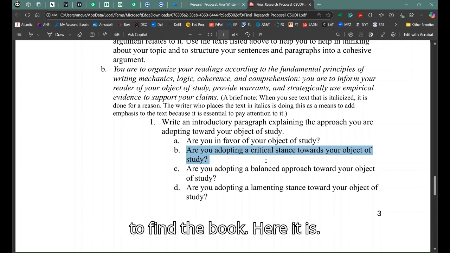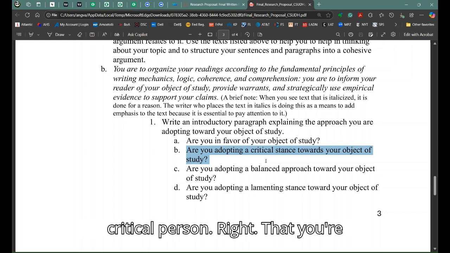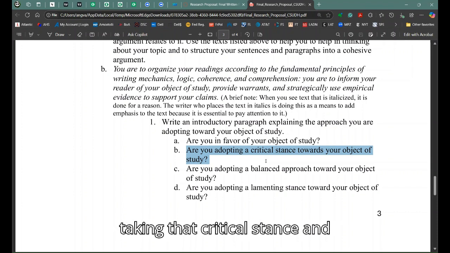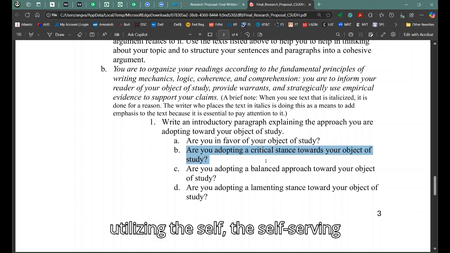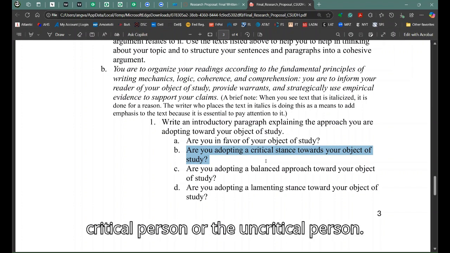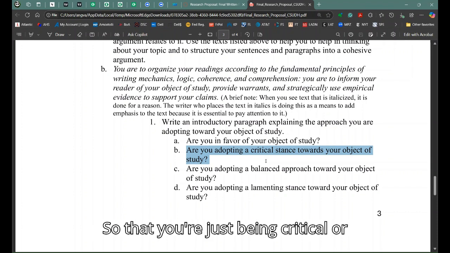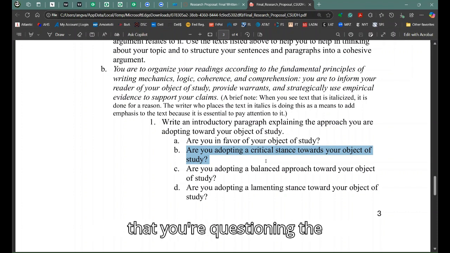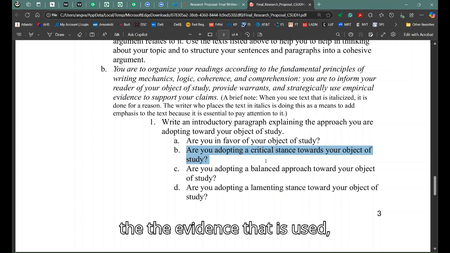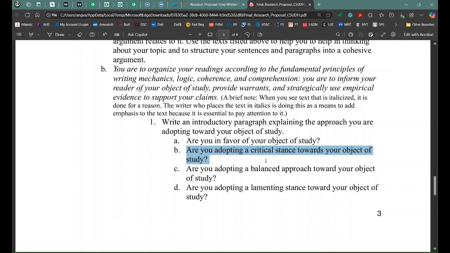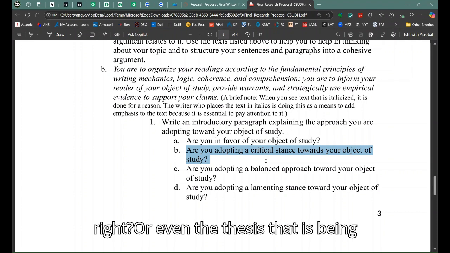If you could find the book. Here it is. So this would be the fair-minded critical person, right? That you're taking that critical stance, and not necessarily utilizing the self-serving critical person, or the uncritical person. So that you're questioning the theory, the arguments, the evidence that is used, right, or even the thesis that is being used.